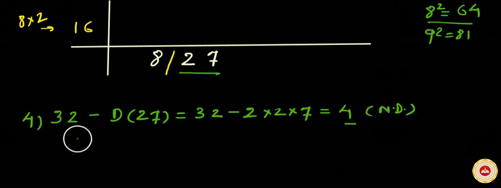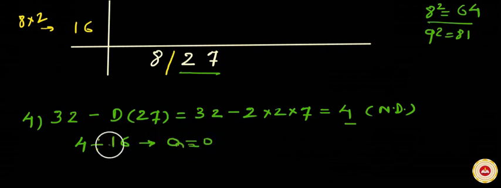Okay, now let us divide this net dividend 4 by 16, which gives you quotient obviously 0, because 16 is greater than 4, so cannot divide. So quotient will be 0 and remainder will be 4.